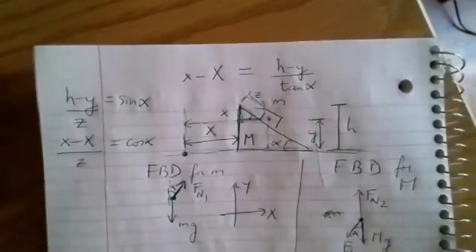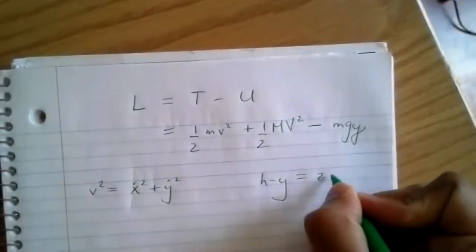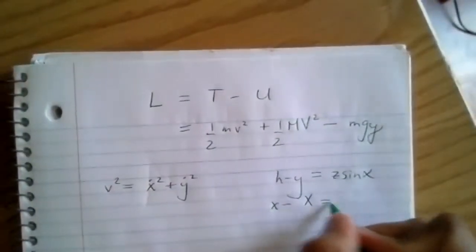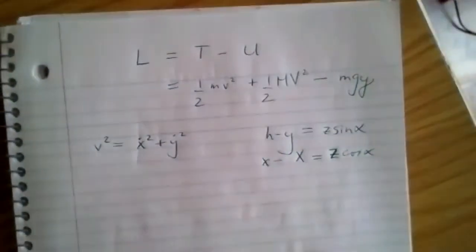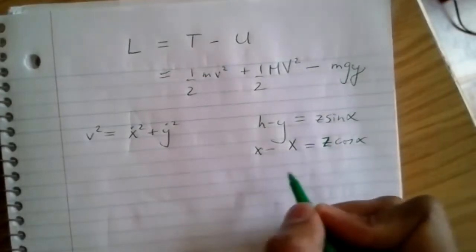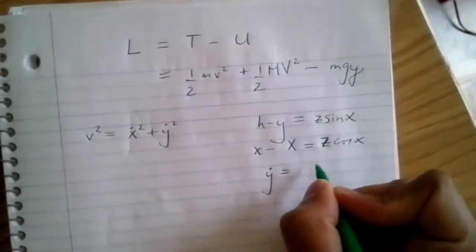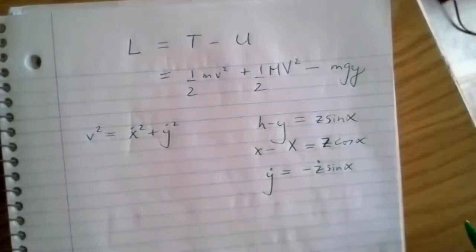All right, so let me do that. So we have h minus y is equal to Z sine alpha, and we have little x minus big X is equal to Z cosine alpha. And so then if we take derivatives, we have y dot is equal to minus Z dot sine alpha.